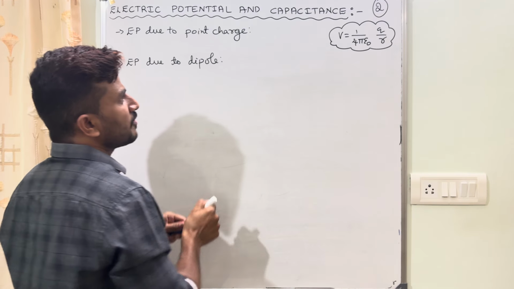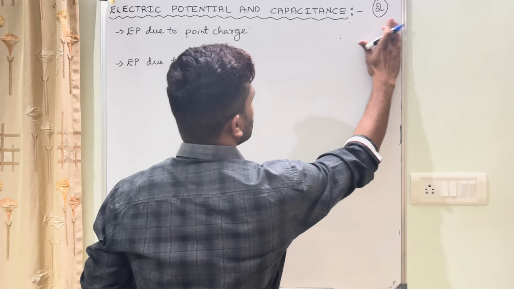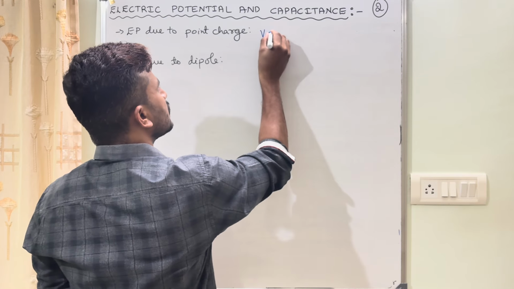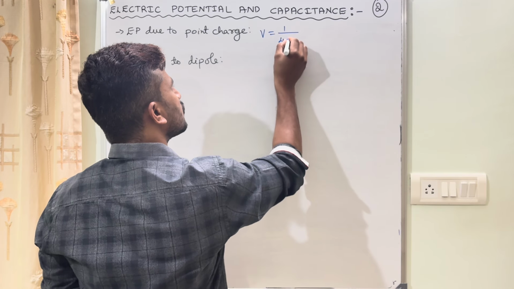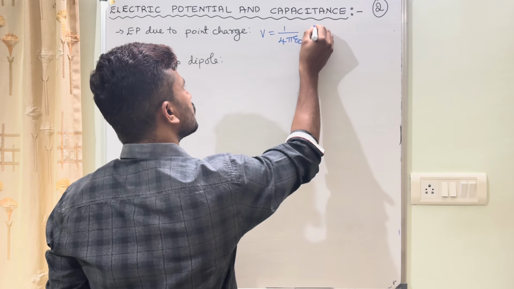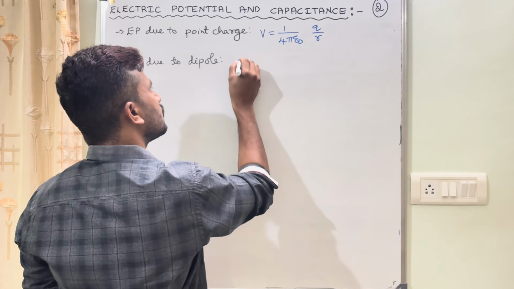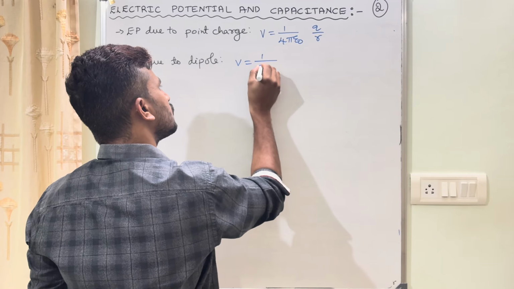Due to point charge I have written here, I will write it again. V is equal to 1 over 4 pi epsilon naught q divided by r. V is equal to 1 over 4 pi epsilon naught p cos theta divided by r square.